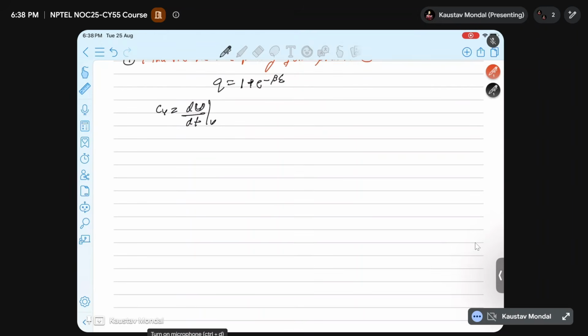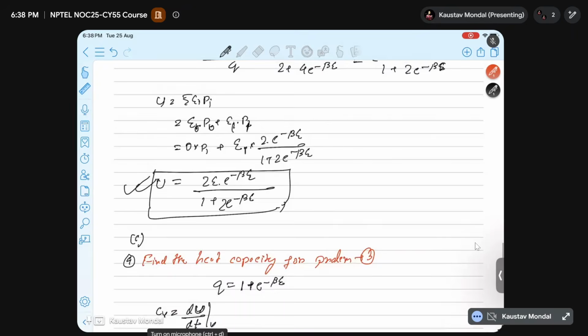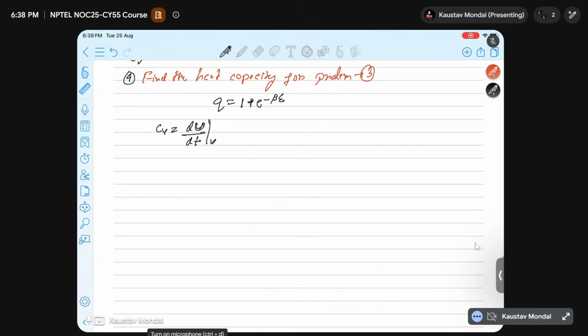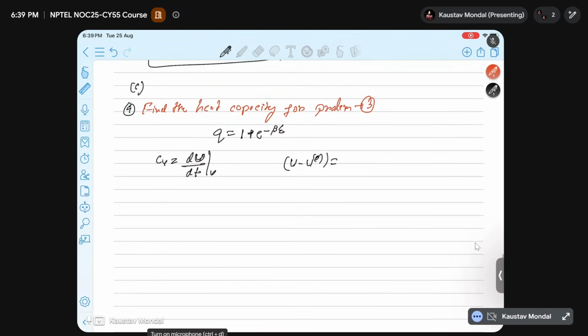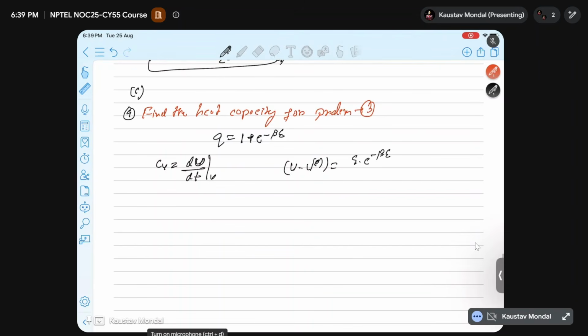From the previous discussion, we know that U minus U0 we got as equal to epsilon e to the power minus beta E divided by 1 plus e to the power minus beta E.